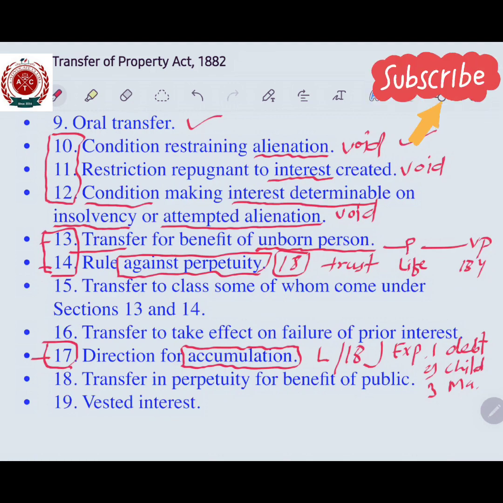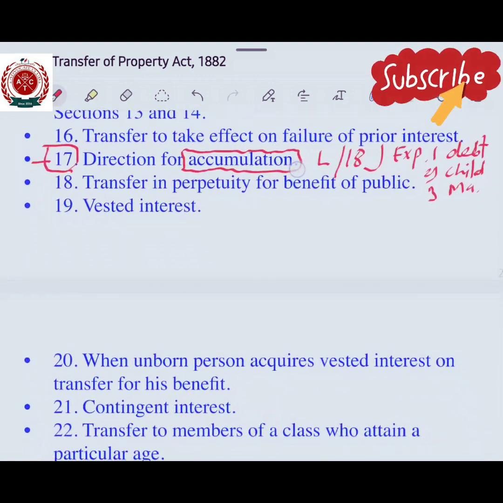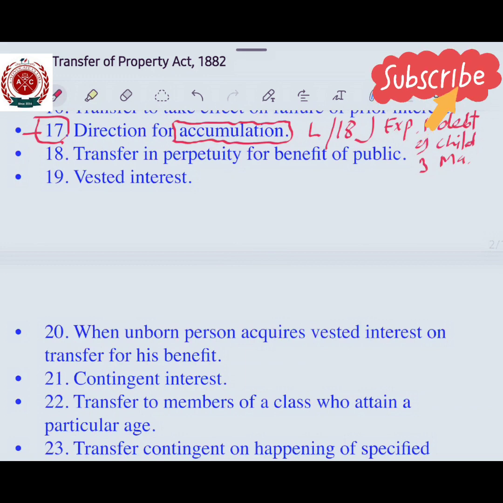Next, the other bunch of three sections is sections 19, 20 and 21. They deal with vested interest and contingent interest.